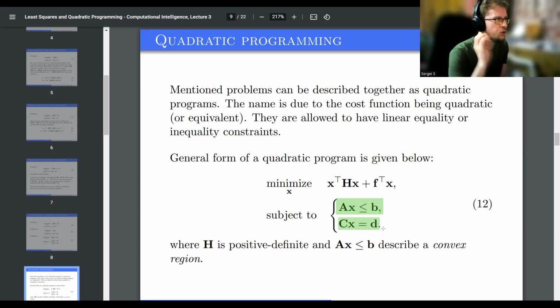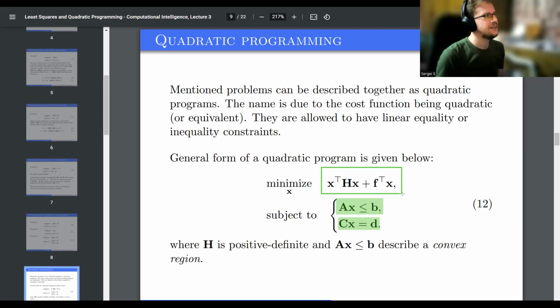It shouldn't have any non-linear functions here. So you are not allowed to have a sine of x, etc. No x squared here. So only linear inequalities and linear equalities. The cost is allowed to be quadratic, but not cubic, not anything else. It can be linear. H can be the zero matrix, of course, but that's it. H also has to be positive definite.